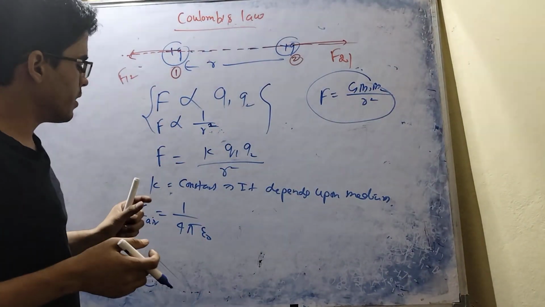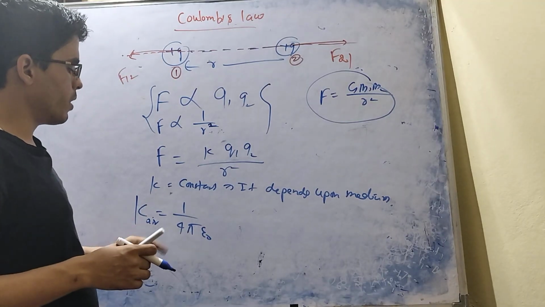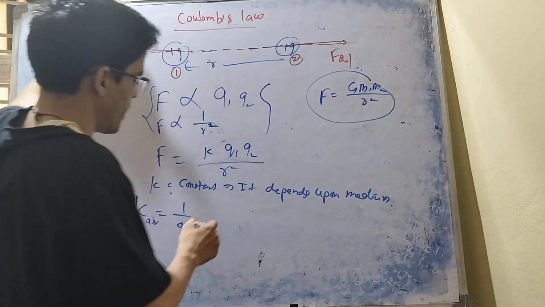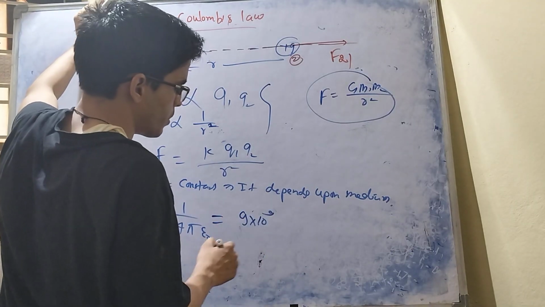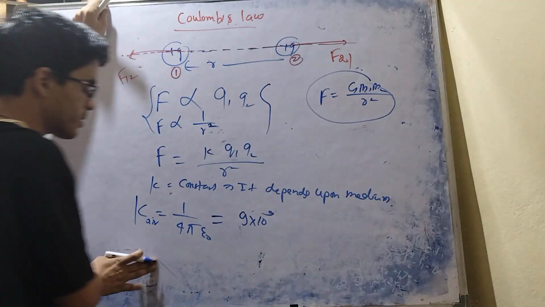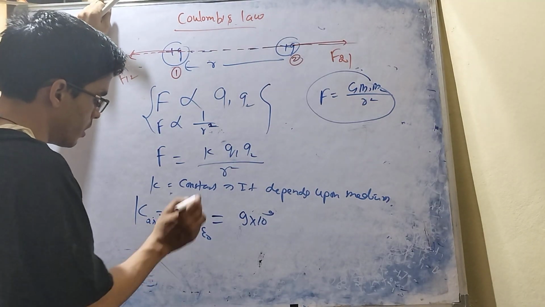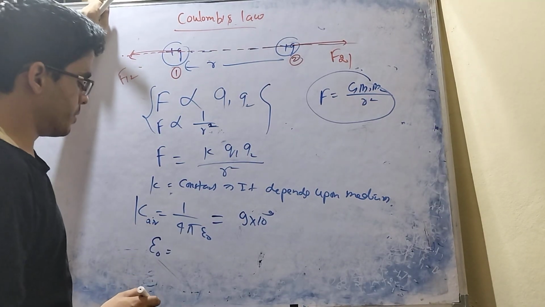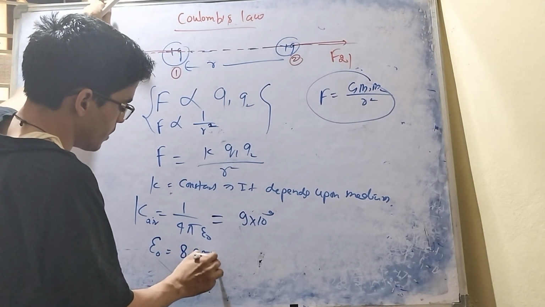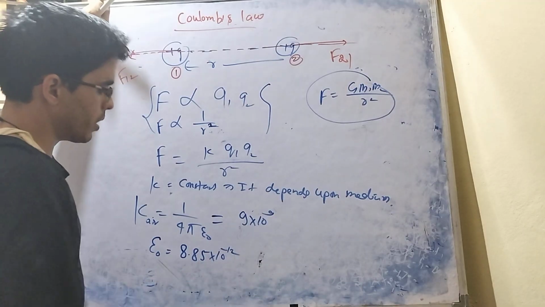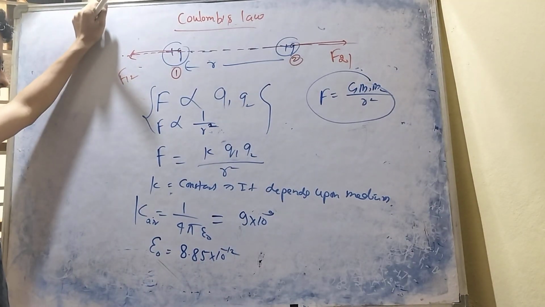So for air or vacuum, the K value is 1 upon 4 pi epsilon naught, which equals 9 into 10 power 9 Newton meter square per Coulomb square. Next, what is epsilon naught? It is called the permittivity. The value of this permittivity is 8.85 into 10 power minus 12 Coulomb square per Newton per meter square.